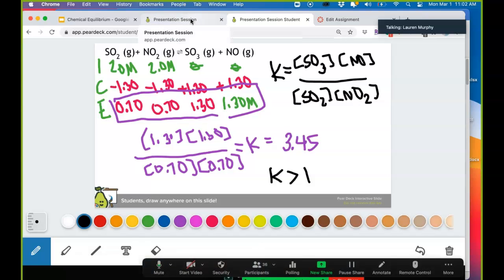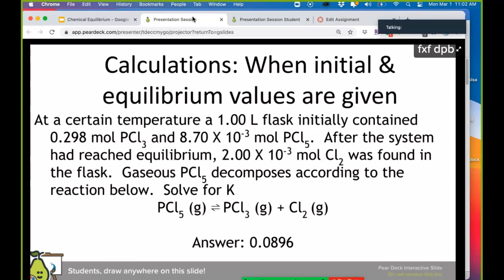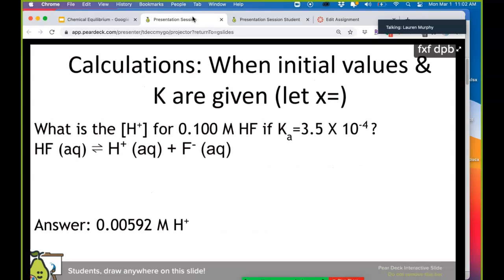This last one is going to be different from the other types of problems we've been doing, because in the other types of problems we were solving for K. This type of problem, I'm going to give you K, so we're not solving for it.